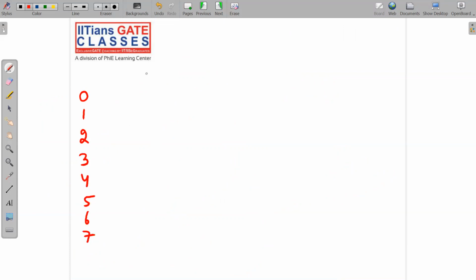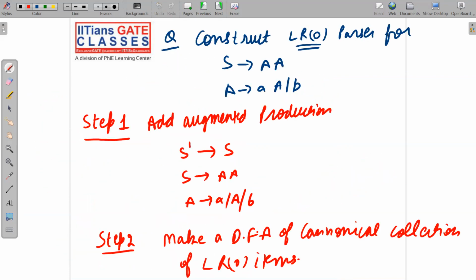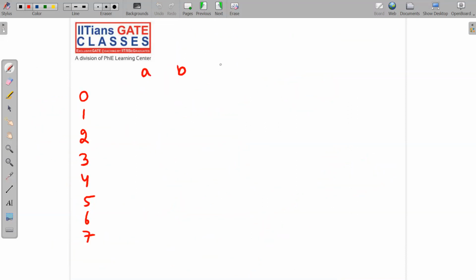And here I will write terminal symbols. We have only 2 terminal symbols, small a and small b, as in the grammar on the previous slide, and one extra, that is dollar.